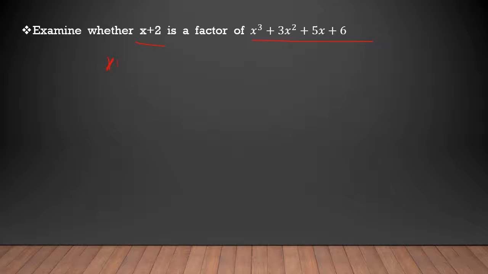Let's say x plus 2 equal to 0, x equal to minus 2. p of minus 2 is minus 2 cubed plus 3 into minus 2 squared plus 5 into minus 2 plus 6, which is minus 8 plus 12 minus 10 plus 6, and after calculation we have found the value 0.